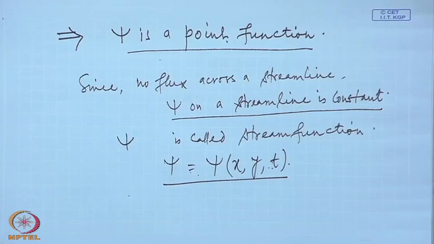One thing you must remember about the function psi, the way we defined this psi and the volume flux we mentioned, it is quite clear that psi is basically a many valued function, not a single valued function. As long as the region is completely occupied by incompressible flow, psi behaves like a single valued function.